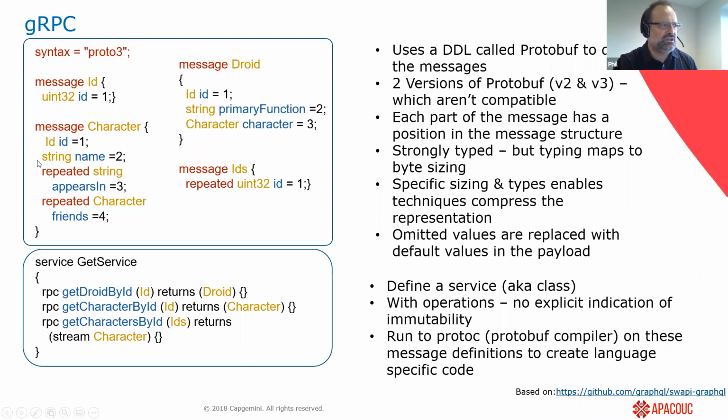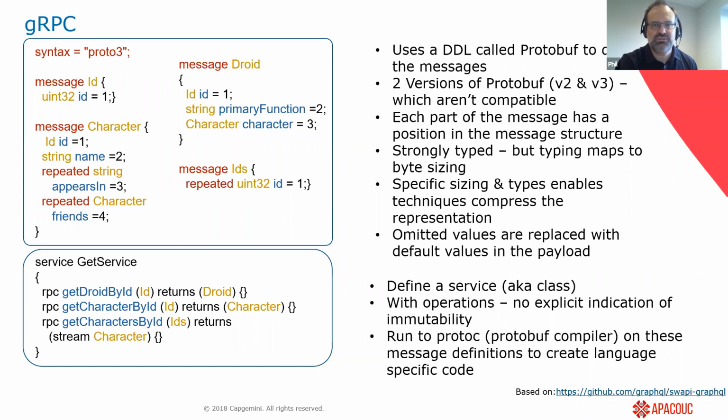You can see in here that there is a number after each of the declarations. That's reflecting the order in which the attribute needs to appear in the structure. Now that's important because what gRPC is going to do is say, okay, please tell me about the attributes that are fixed size and fixed number of occurrences first.